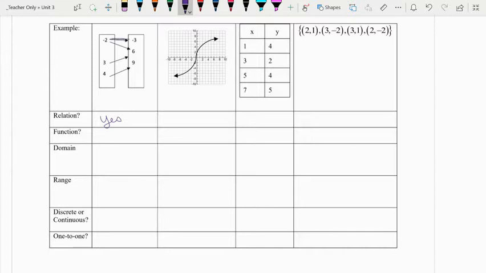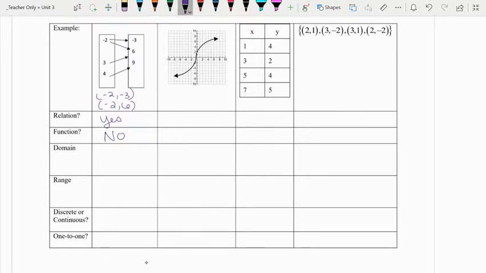So this first one means -2, -3 is a point, and -2, 6 is a point, and so on and so on. In regards to a function, that -2 is repeating, which means it is not a function. Again, anytime your inputs or your x values repeat, it is not a function.